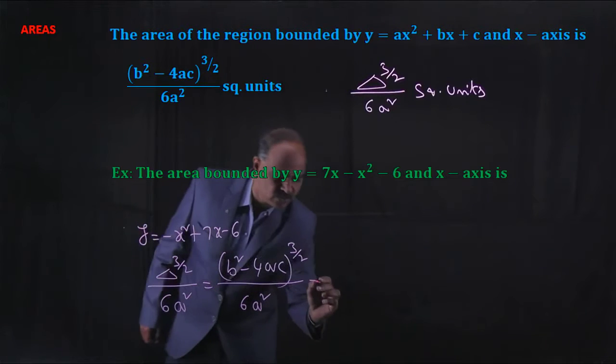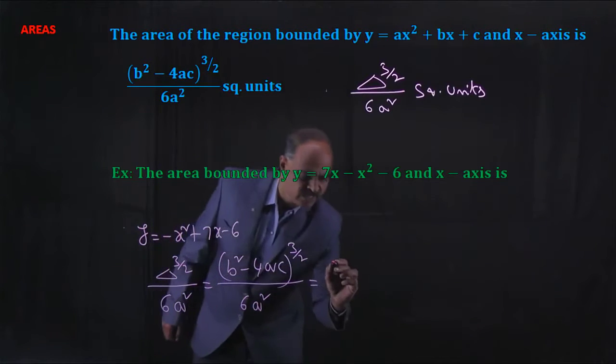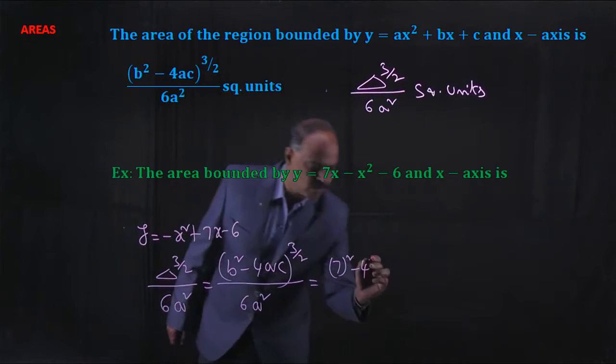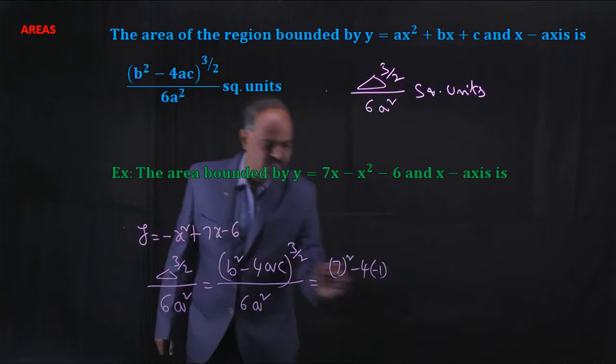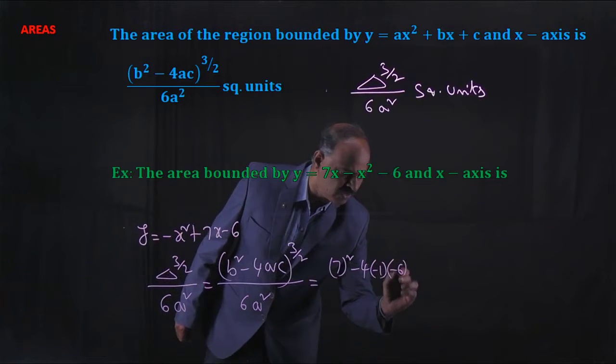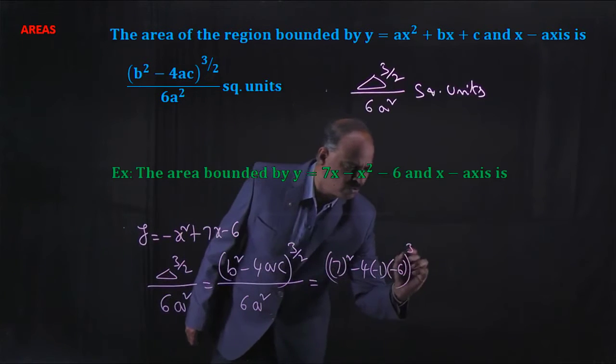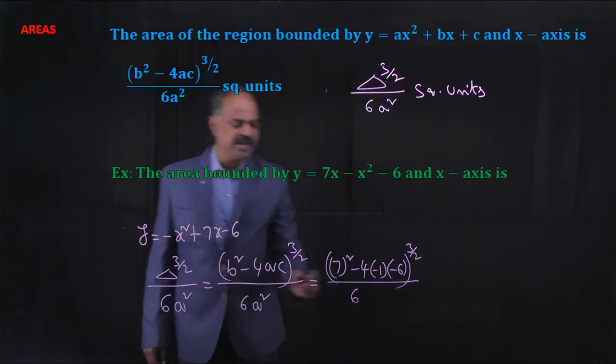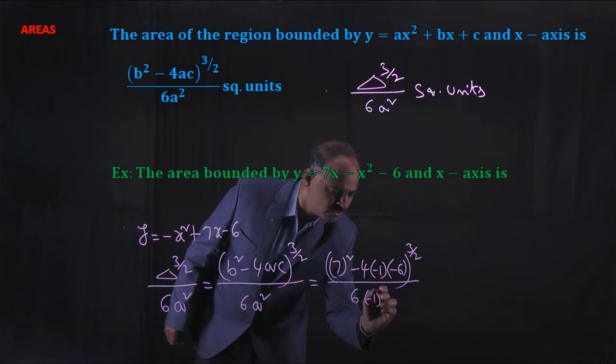Now here b equal to 7, so 7 whole square minus 4 into a equal to minus 1, here c equal to minus 6, whole to the power 3 by 2 by 6 into a square, here a equal to minus 1 whole square.